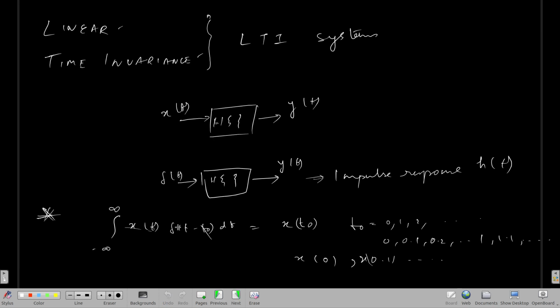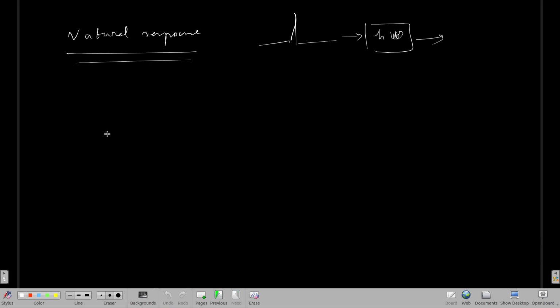The most important part is, if we have an impulse, we can do this. Suppose I have a system with impulse response h of t, and I'm giving different inputs.